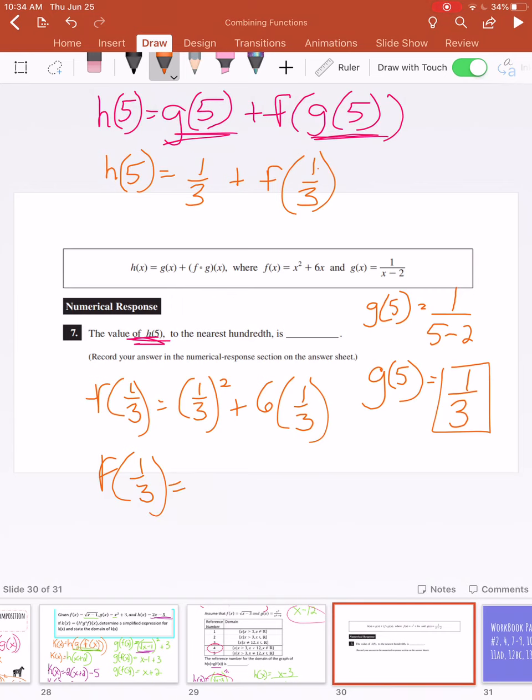That's absolutely fine. But I'd end up with 1 over 9 plus 6 times 1 over 3 is just 2. Okay, so then if I round to the nearest hundredth at this point, I would just type this all into my calculator, and you could do it earlier than this, and you'd end up with 2.44 rounded to the nearest hundredth.